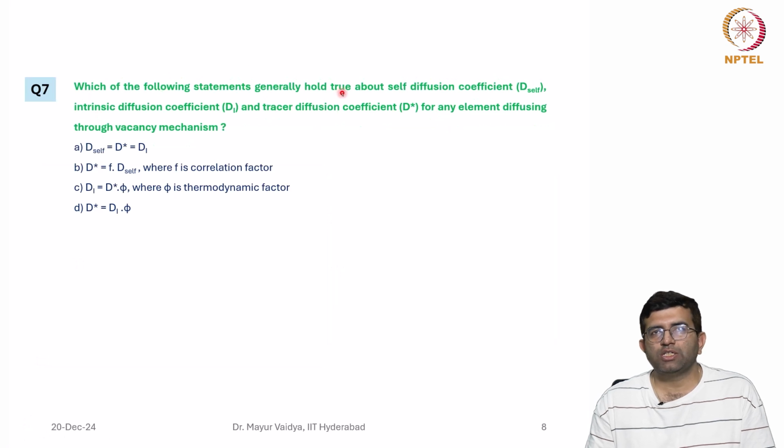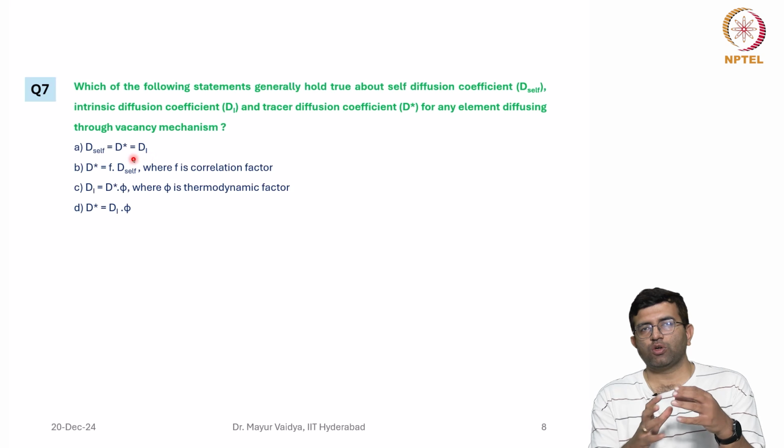Which of the following statements generally hold true about self-diffusion coefficient, intrinsic diffusion coefficient, and tracer diffusion coefficient for any element diffusing through vacancy mechanism? Last class we talked about the various diffusion coefficients. D self is equal to D star is equal to Di. This is not true.